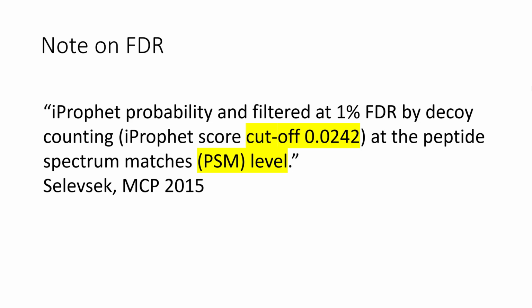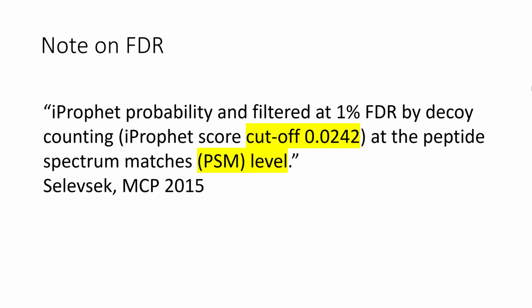And PSM level is the most permissive level, especially when I have 46 runs. So the things that I'm finding, even with fractionation, I'll probably find multiple times in multiple runs. To me, it's like, why would I want to do that, other than that I really want to report the biggest list possible?